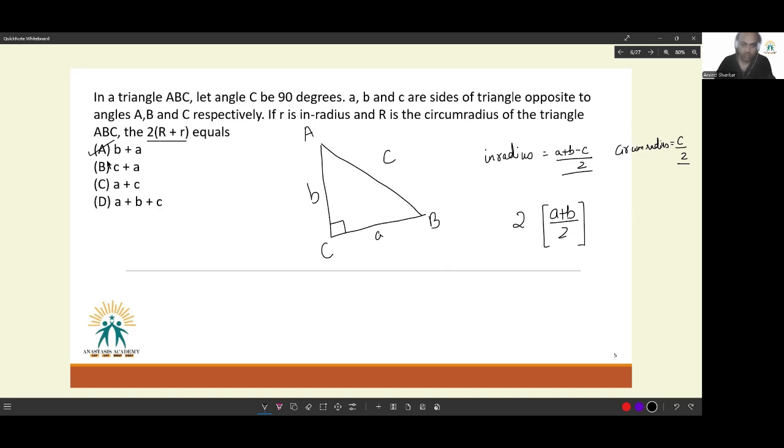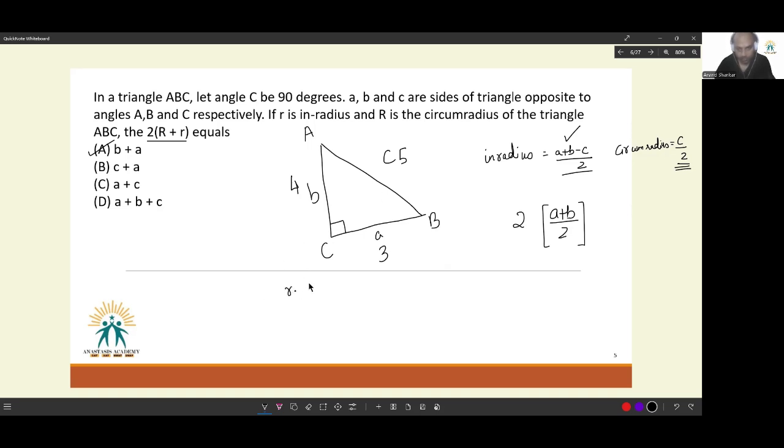Now, in case we did not know this formulation, this one I'm fairly certain everyone knows. But in case you're not aware of this for a right angle triangle, perhaps what you could have done is take up a nice right angle triangle. The best nice right angle triangle we know is this one, 3, 4, 5. So let's see here, inradius will be calculated this way.